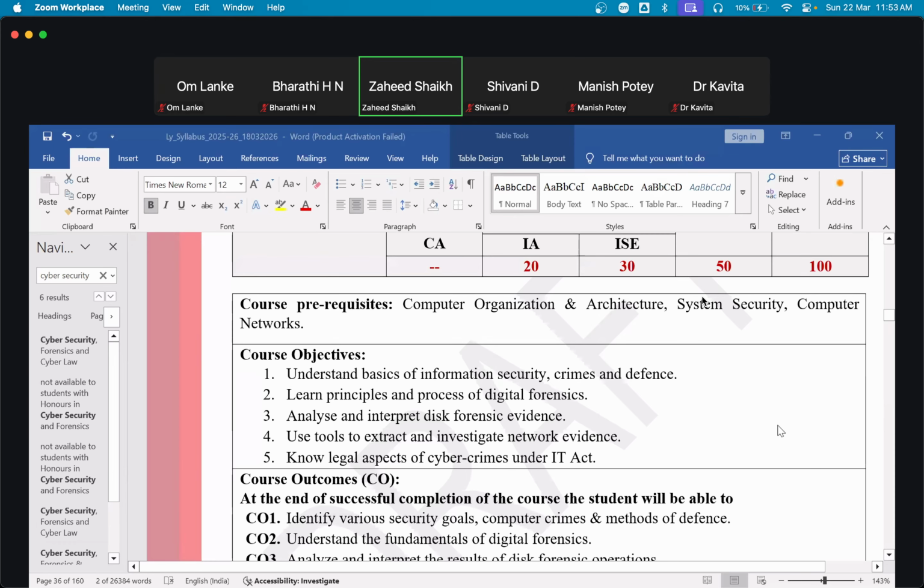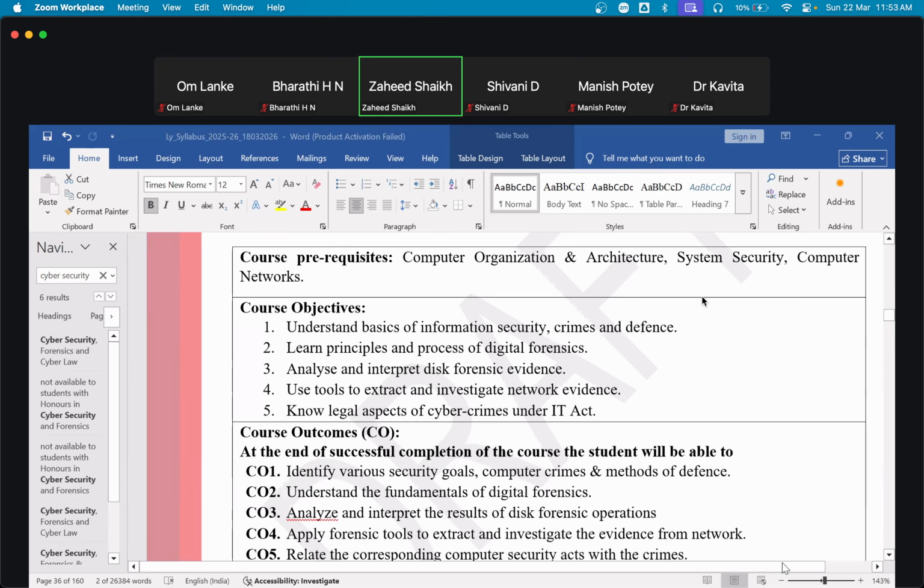The first objective of the course focuses on the basics of information security, different types of cybercrimes, and the defense mechanisms available to mitigate or control those cybercrimes.